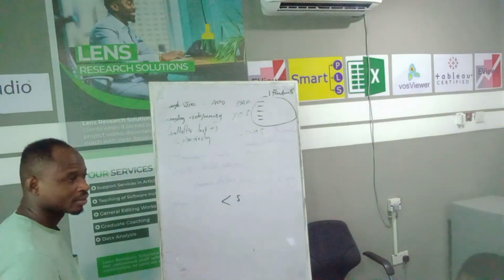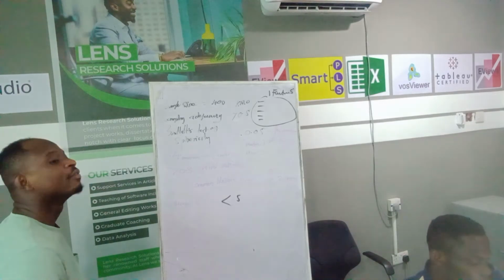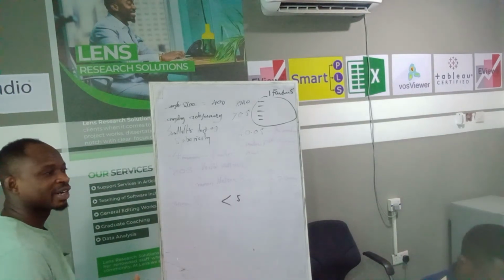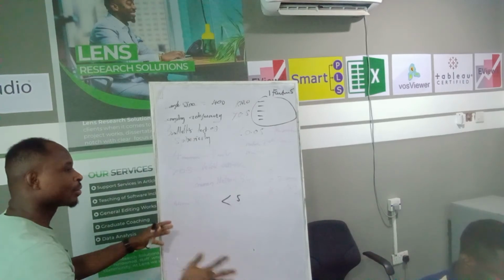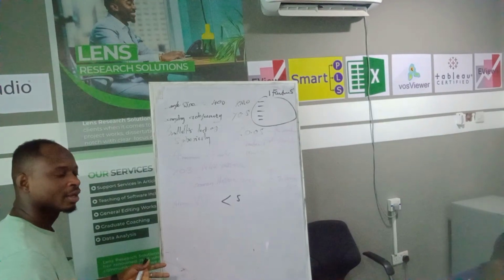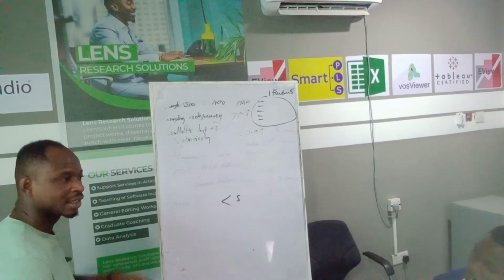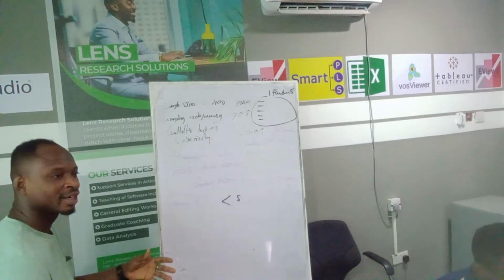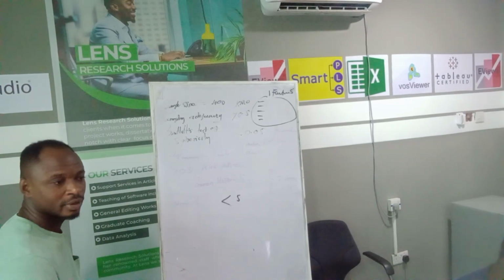So you can take them through the instrument and explain. Very good. So in order for them to develop interest in providing you with genuine answers, you explain the content of the scale to them. And that can help them to understand it and not just tick anyhow. So explaining the content is a procedural kind of thing that you can do, or they call it ex-ante principle.